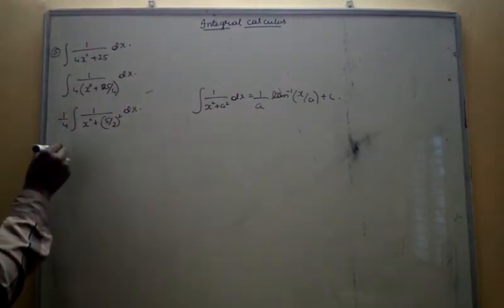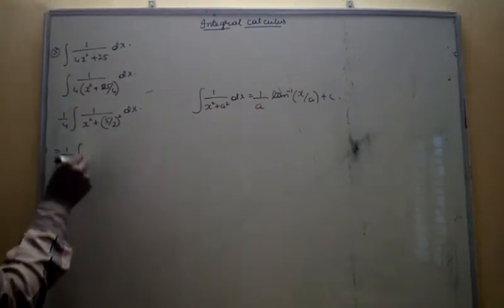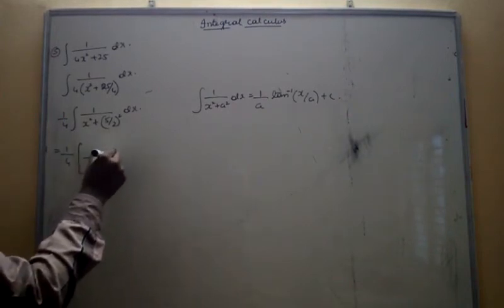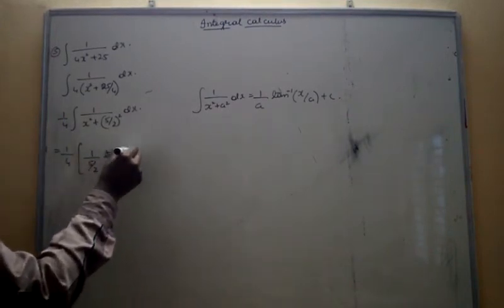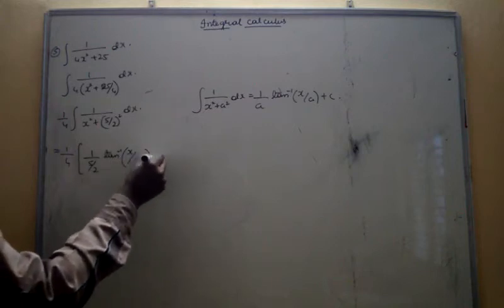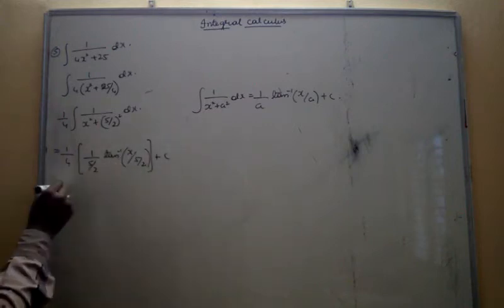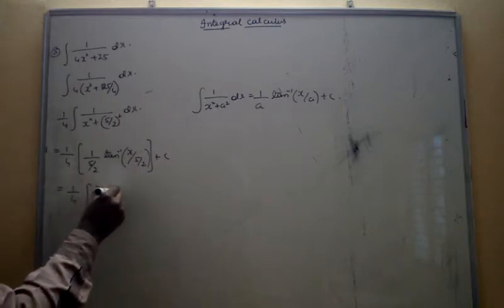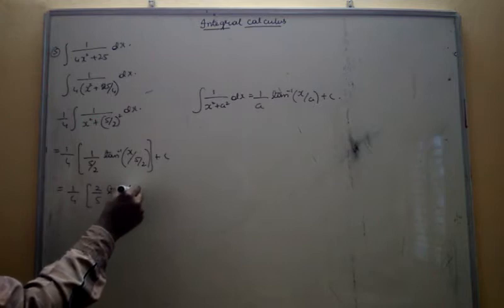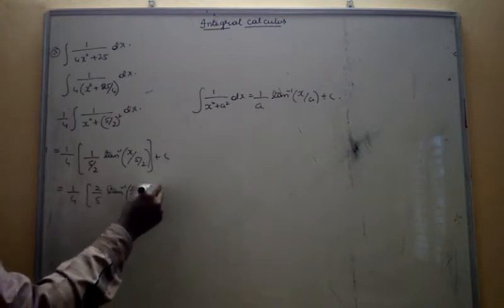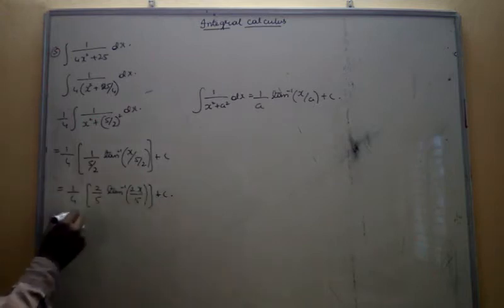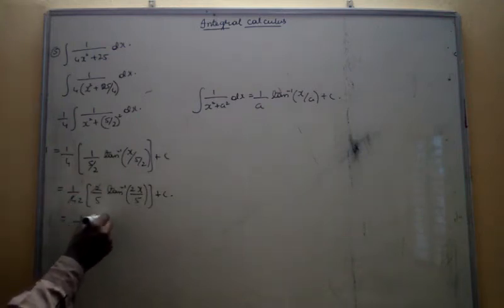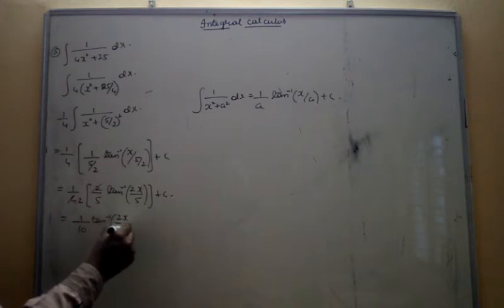Here apply the formula; 1 by 4 is a constant. 1 by a means 5 by 2, so tan inverse of x by 5 by 2 plus c. Then 1 by 4, then 2 by 5, tan inverse of 2x by 5 plus c. That can be written as 1 by 10 tan inverse of 2x by 5 plus c.